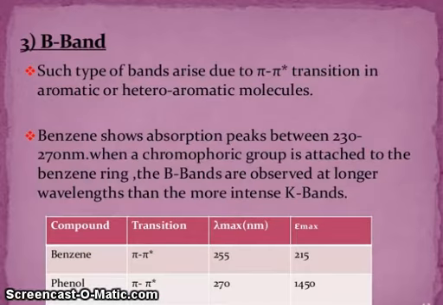Now B band: such a band arises due to pi to pi star transition in aromatic or heteroaromatic molecules. Benzene shows an absorption peak between 230 to 270 nanometers. When a chromophoric group is attached to benzene, the B band is absorbed at a longer wavelength than the more intense K band.